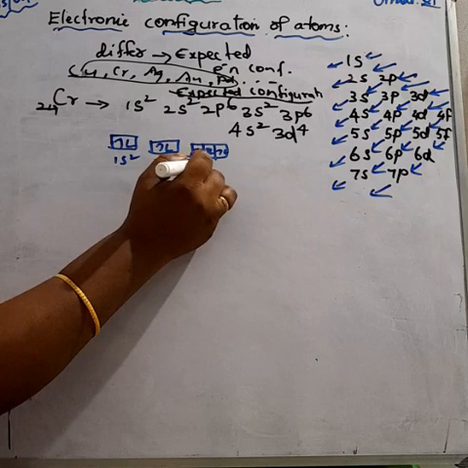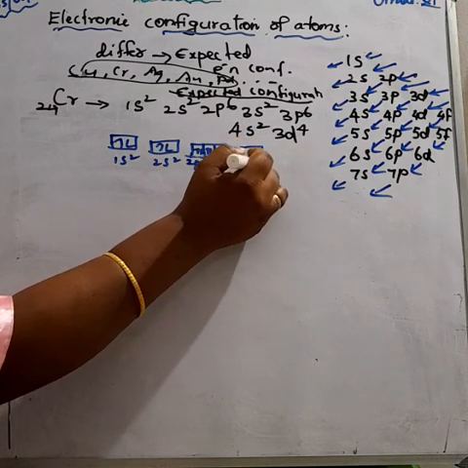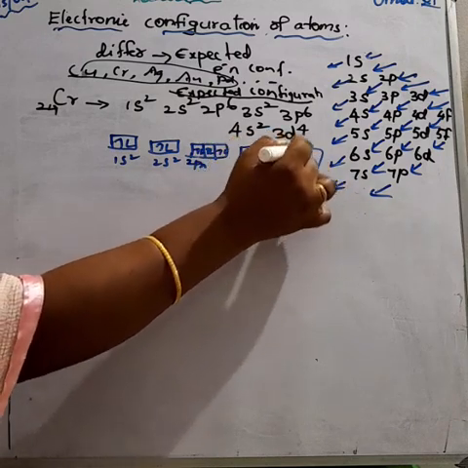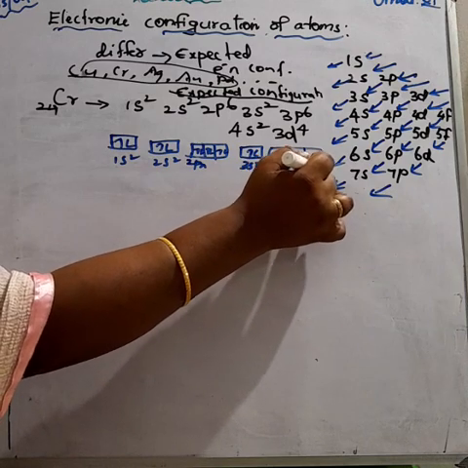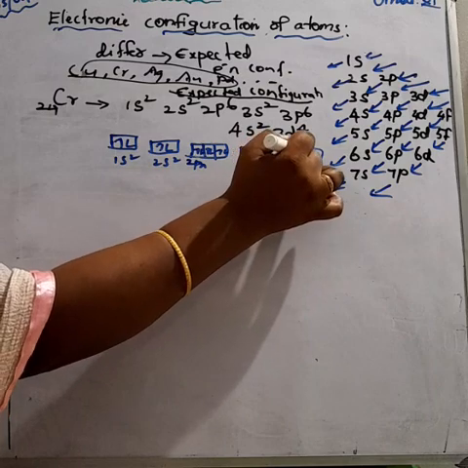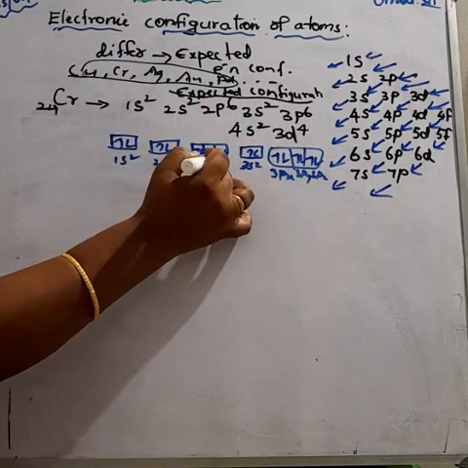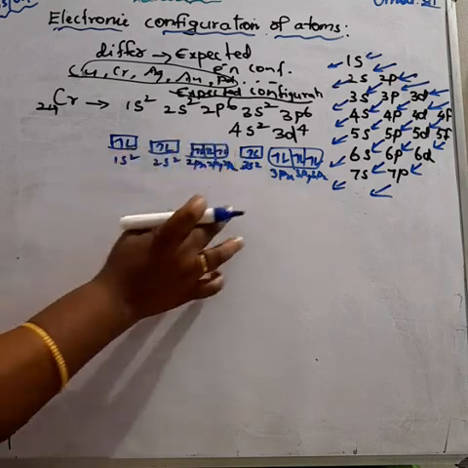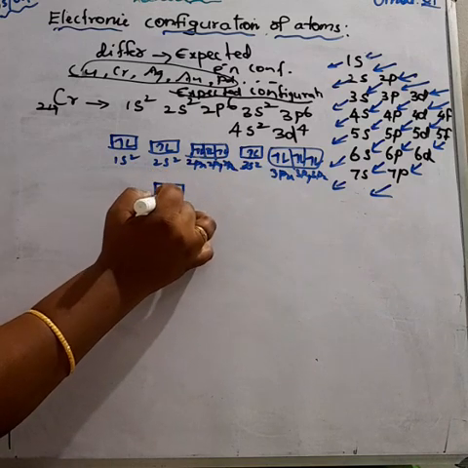After that, 3s2. Then 3p6, 3px, 3py, 3pz. According to Hund's rule, first fill singly, and from the 4th electron onwards pair up. 3p6. After that, 4s2.